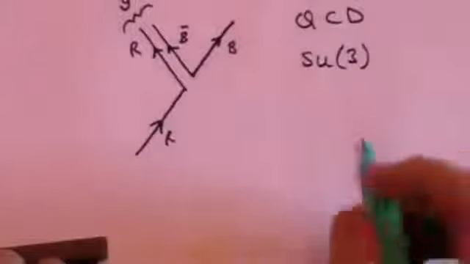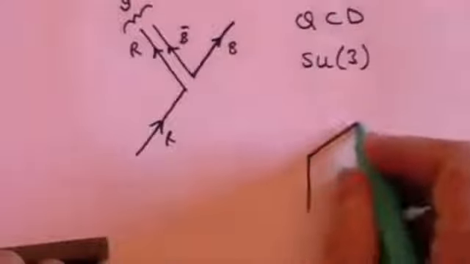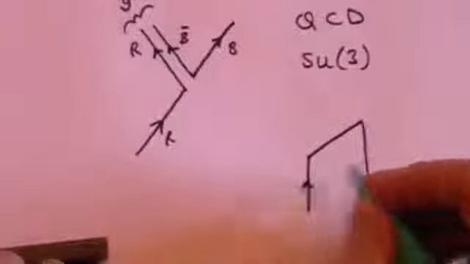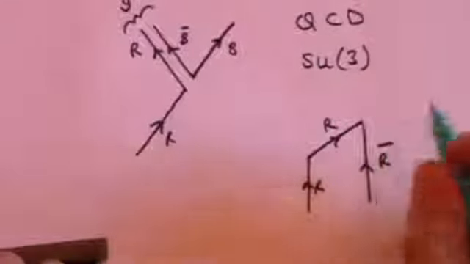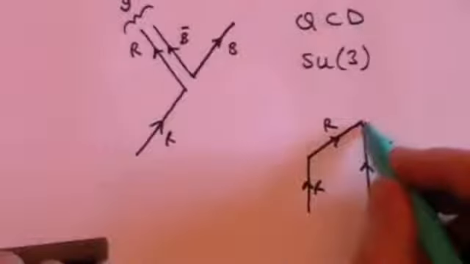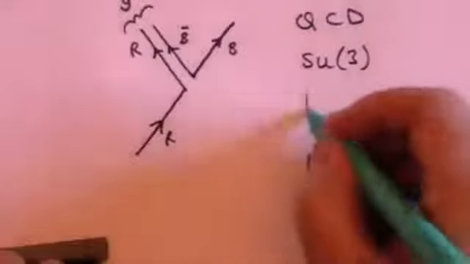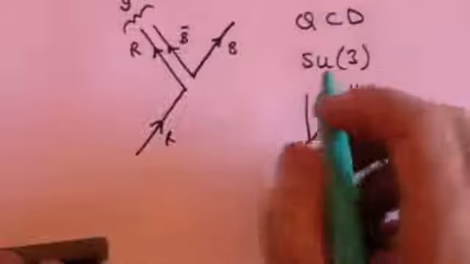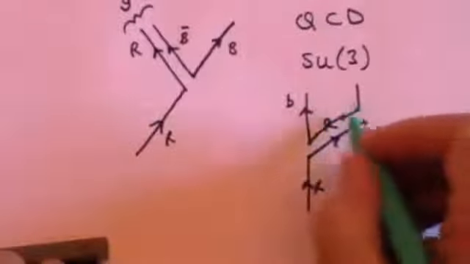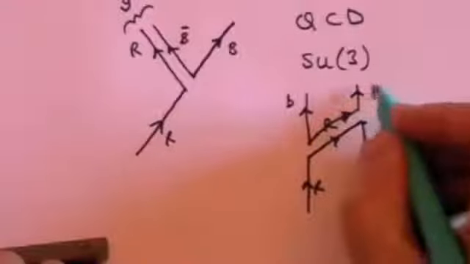You could draw a Feynman diagram whereby you have a red anti-red combination. Here's a red anti-red. The two come together and annihilate here. And you can have a blue, take that blue through the red there, you can have a blue anti-blue creation.